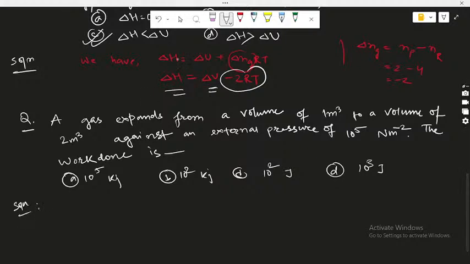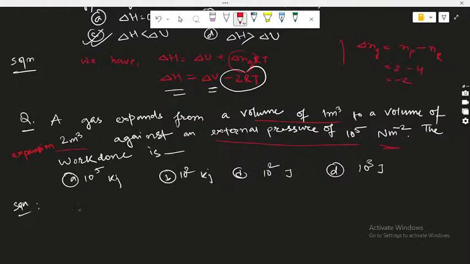Here I am giving you some hint to solve it. They have given the volume that was 1 meter cube initially, and then a volume of 2 meter cube. The volume increased, so the system undergoes expansion. The external pressure is given, 10 to the power 5 Newton per meter square.